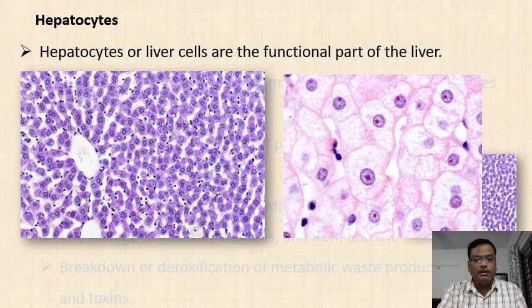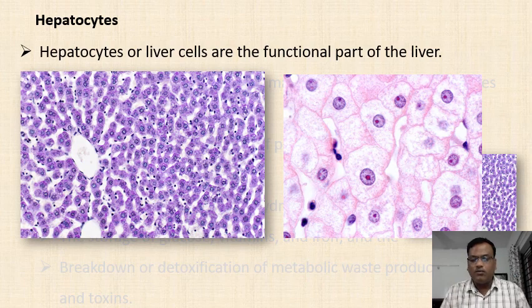So these are the cells, and in higher magnification you can see the liver cells looking like this. And one important thing you have to remember is liver cells are one of the most active cells of our body because they are involved in so many different kinds of functions.